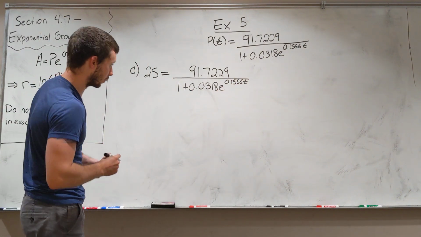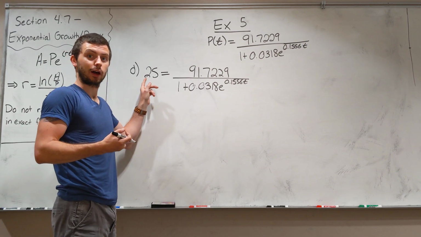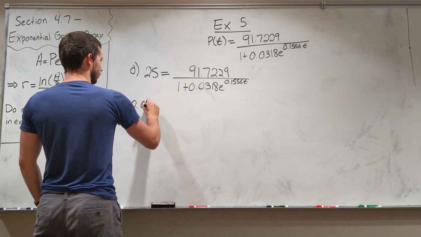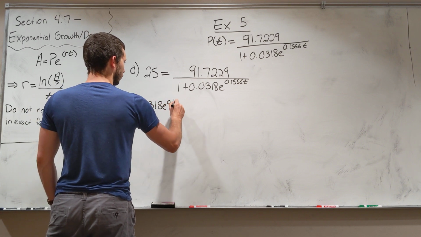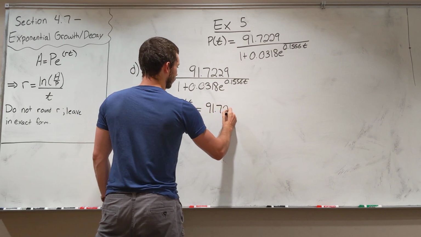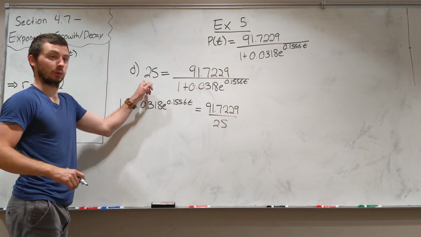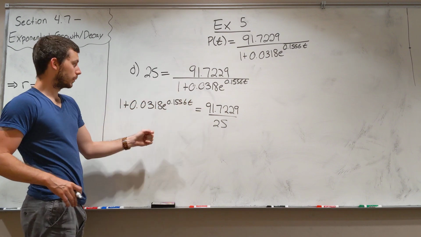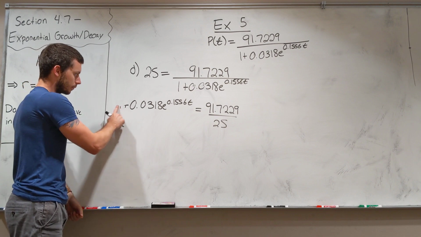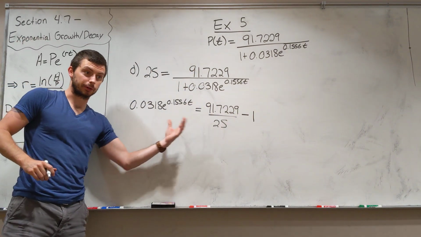So the first thing you would want to do is multiply out the denominator and also divide by 25. So you multiply this on both sides, and then you divide the 25, so you can get this part by itself, but then you subtract 1, this 1 on both sides. Now you're here.